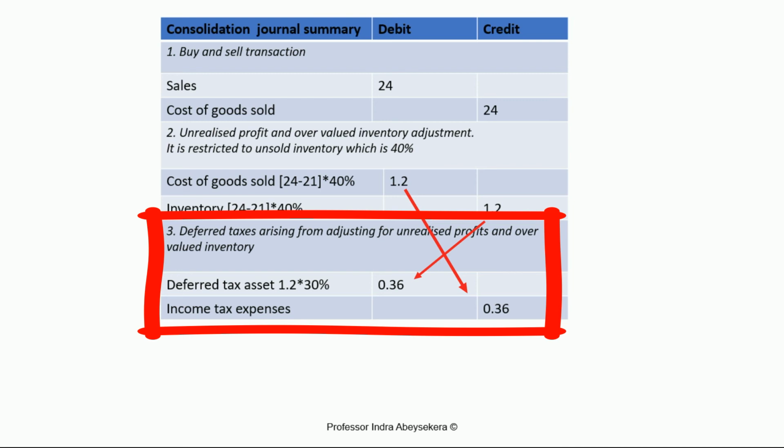The income tax expense decreases. 30% of 1.2 is 0.36. We credit income tax expense. We are decreasing the inventory value, which means we are expecting less future cash inflows. If there are less future cash inflows, there will be less future taxes. So for this tax saving, we debit deferred tax asset 1.2 times 30%, 0.36.